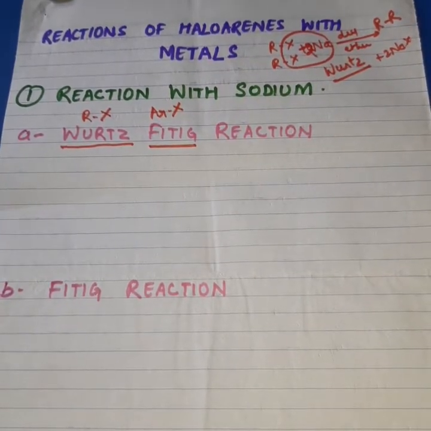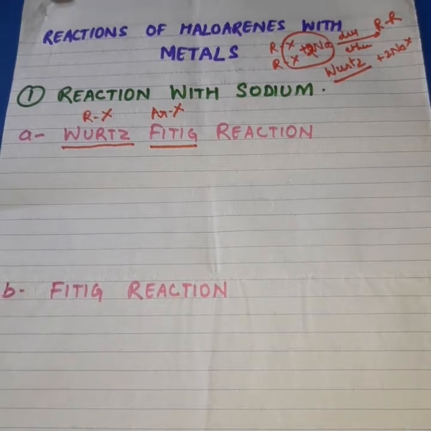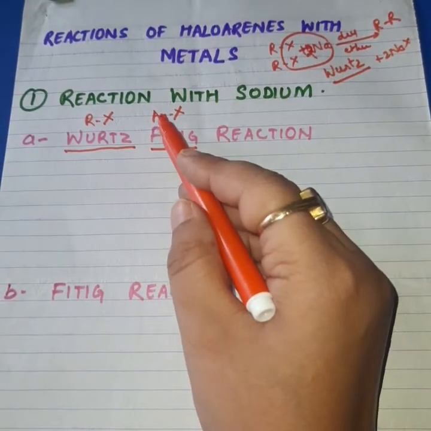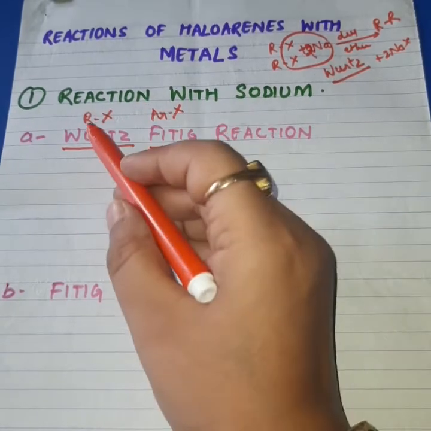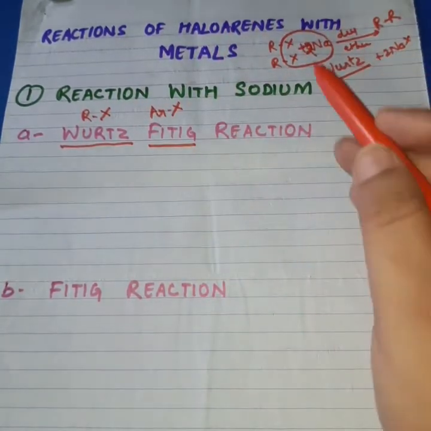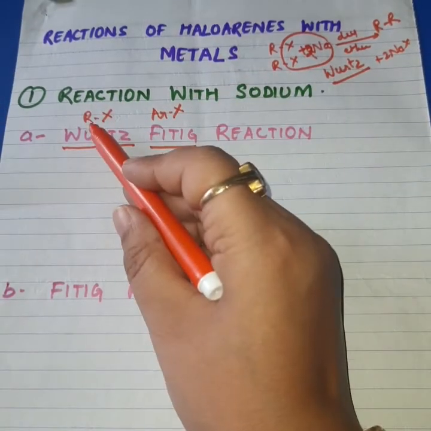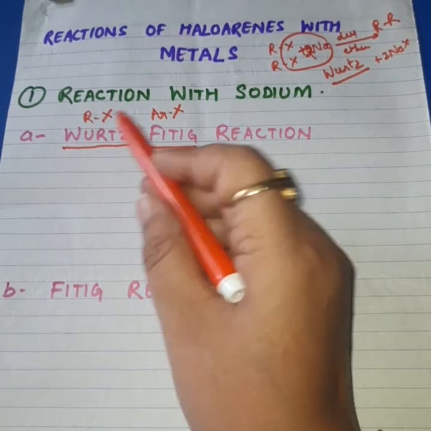This is what you are supposed to remember. Whenever we say Wood's Fittig reaction, it means an aryl halide is undergoing the same kind of reaction as Wood's reaction with a different type of alkyl halide.